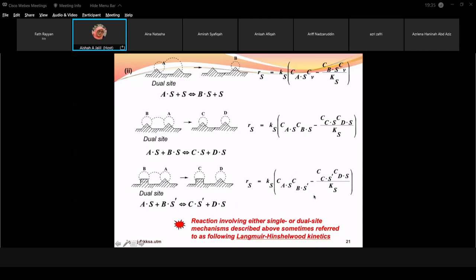Okay. The reaction involving either single or dual step mechanism described above is sometimes referred to as following Langmuir kinetics. This Langmuir is about the graph that we started learning in adsorption.